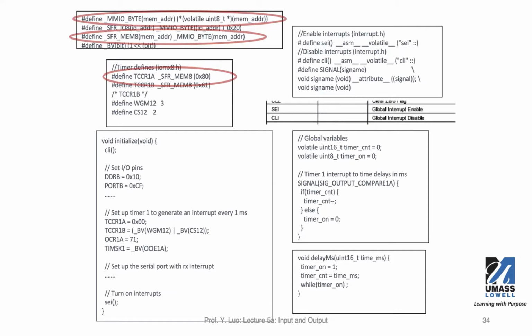So here is the interrupt service routine, and here's the delay in millisecond. This is part of the function you will call, and this timer count will be decremented every time this timer interrupt happens.